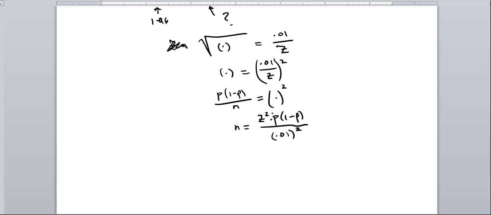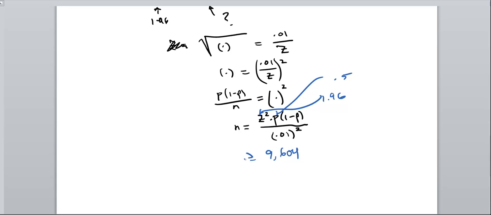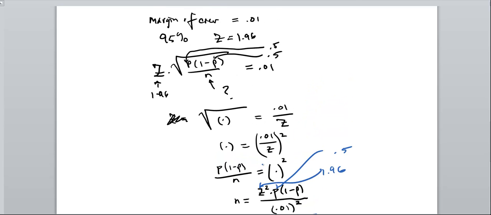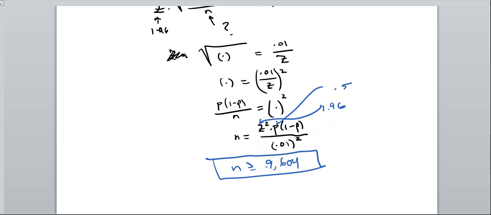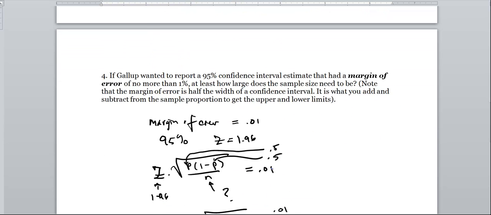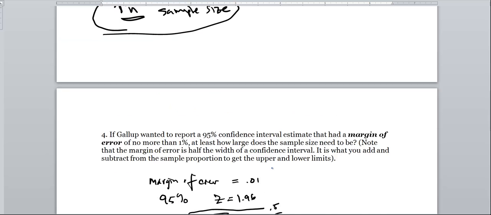Right? And if you plug in these values, 1.96, 0.5, you're going to get 9,604. So n needs to be greater than or equal to 9,604. So I'm just rearranging the margin of error term and solving for n. Hopefully that helps.